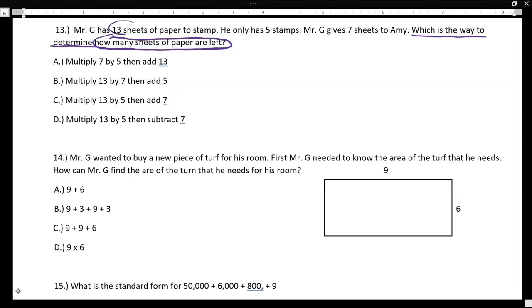Mr. G has 13 sheets of paper. He only has 5 stamps. He gives 7 sheets to Amy.